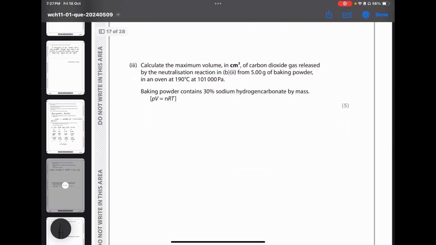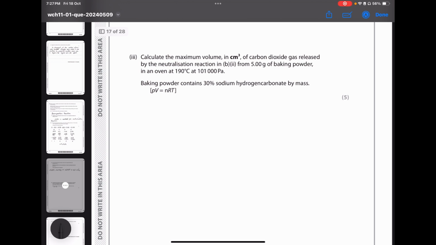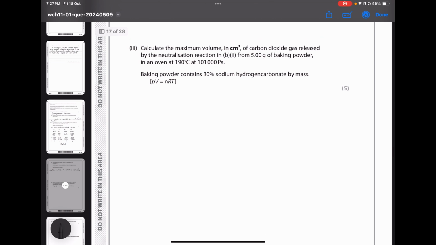Calculate the maximum volume in cm cube of carbon dioxide gas released by neutralization reaction in B2 from 5 gram of baking soda. Baking soda contains 30% sodium hydrogen carbonate by mass.